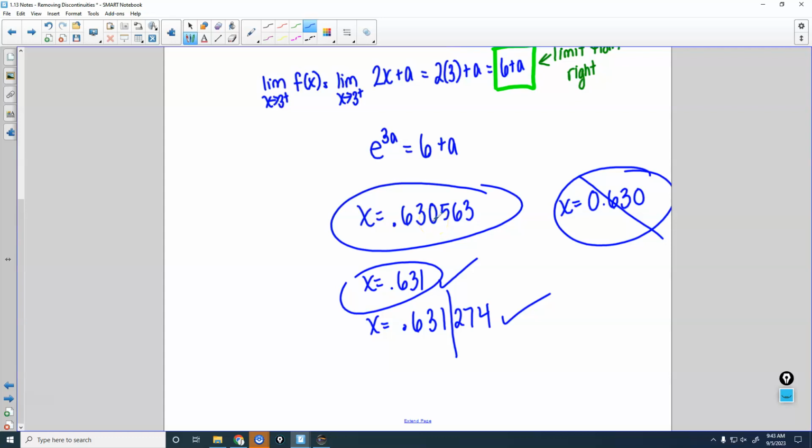Sometimes on their rubrics, they let you get by with that if you just chop it off, just because it is not a test in rounding, it's a test in calculus, and there's very little way you're going to get 0.630 incorrectly. You just were lazy on your rounding. So they will sometimes let that go by. I will not. I usually don't count off full credit for it. That's where you might get some of those half points or something that they don't give, but I will.